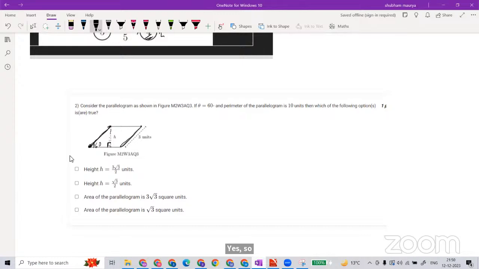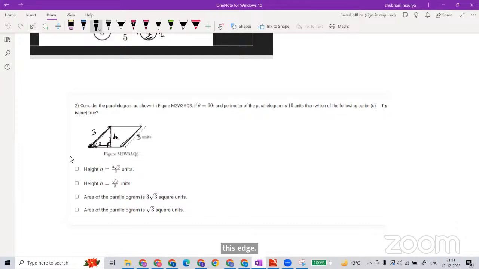So whatever this one is, 3 here, this is also going to be 3. And these two are parallel. There is no use of the parallel thing, but yeah. Whatever this length of the side is given, this is going to be the same. Now this is a right angle triangle, right? So now we can use what formula to find this h?